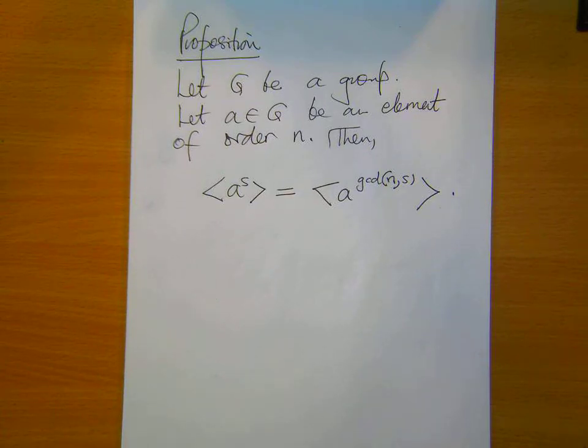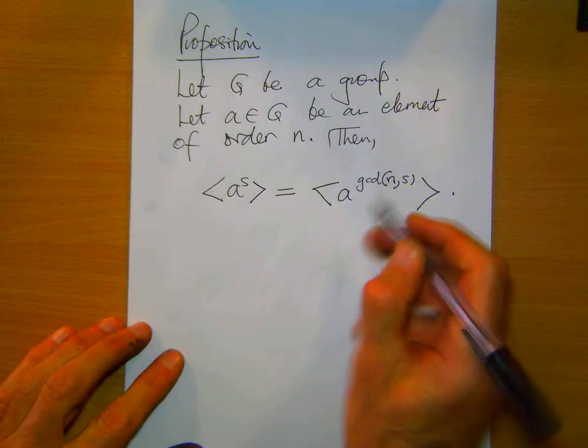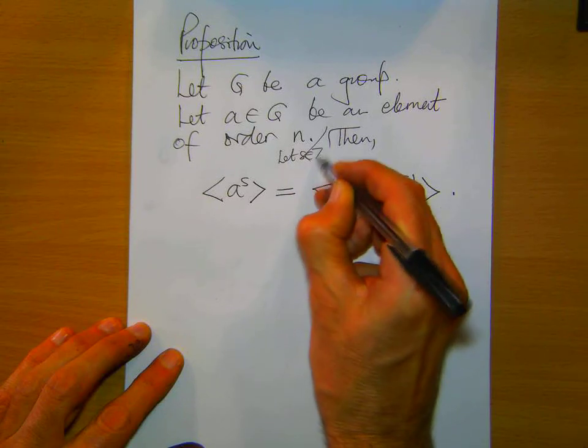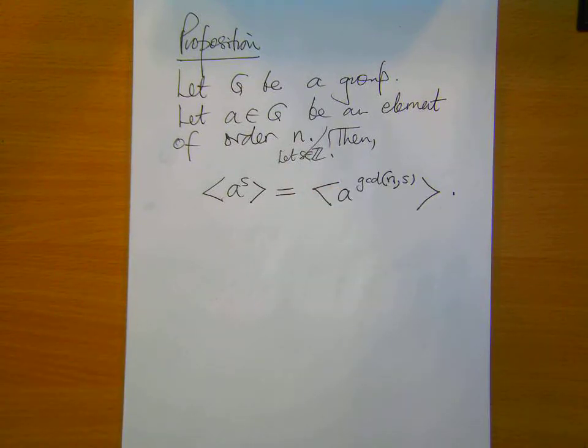So s here is, sorry, I should have said what s is. s is an integer. So if we take any power of a, we can look at the group generated by that. Okay, there's nothing wrong with doing that. a to the s is just some element of the group. We can look at the subgroup generated by a to the s.